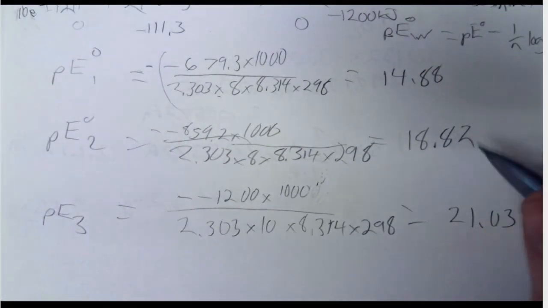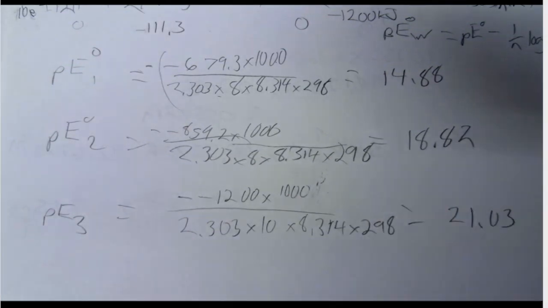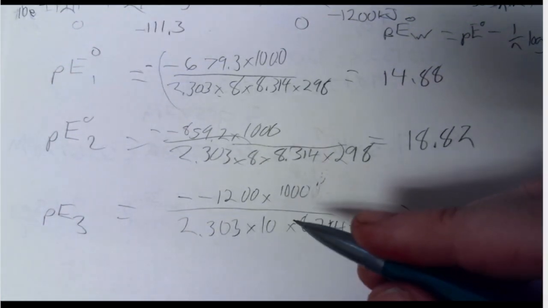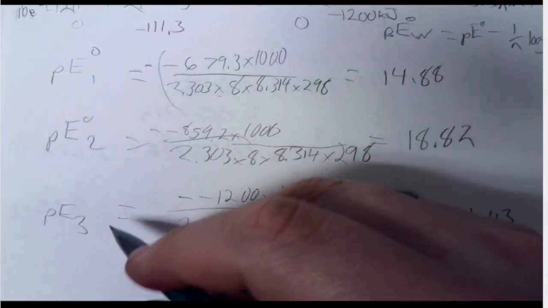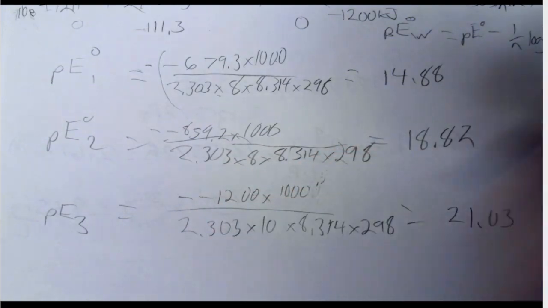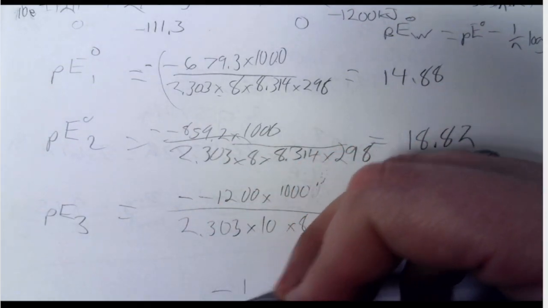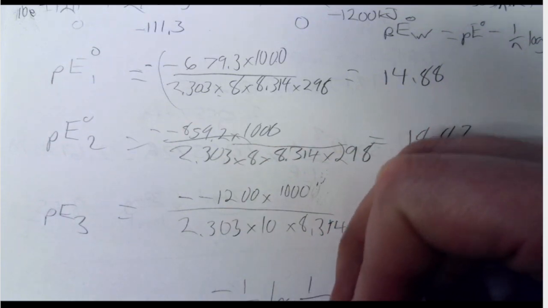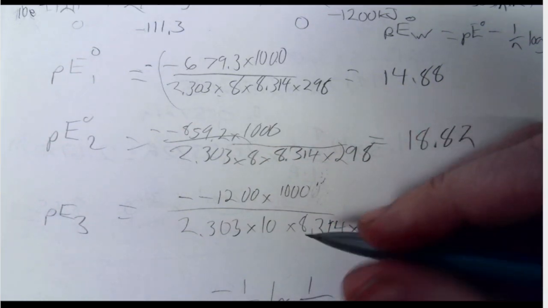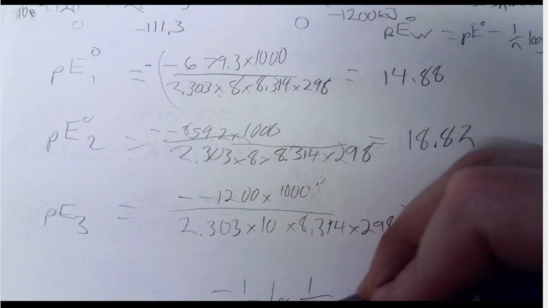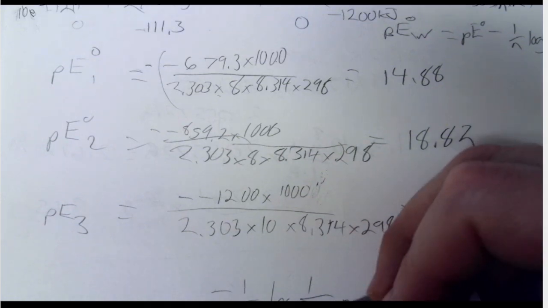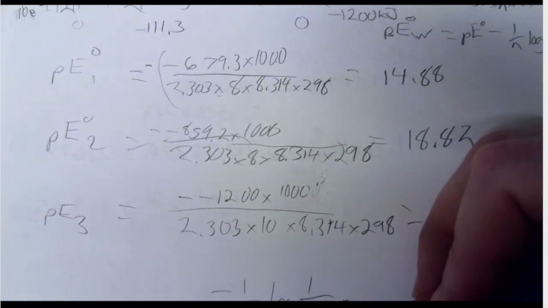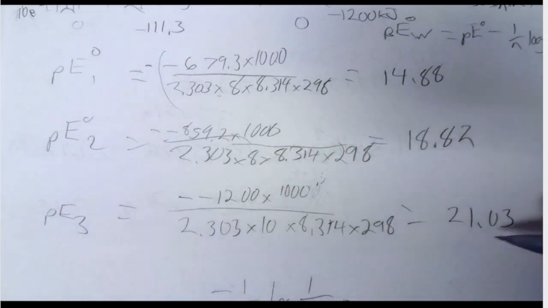However, that's assuming incredibly acidic conditions. So with that in mind, we're going to modify all of these by a factor of 1 over n log of 1 over H plus raised to the power of the H's. And H plus is 10 to the negative 7th.